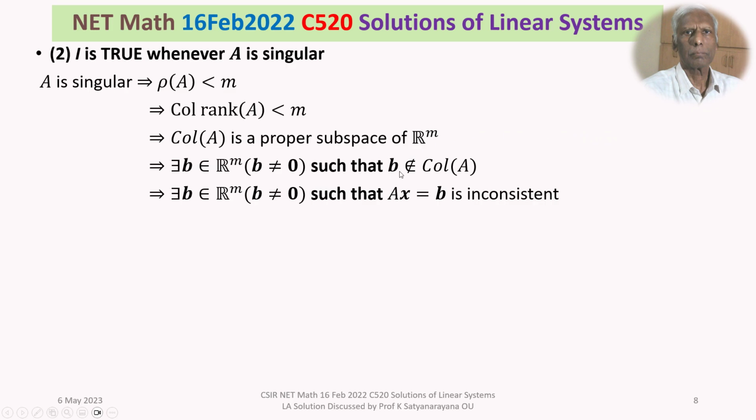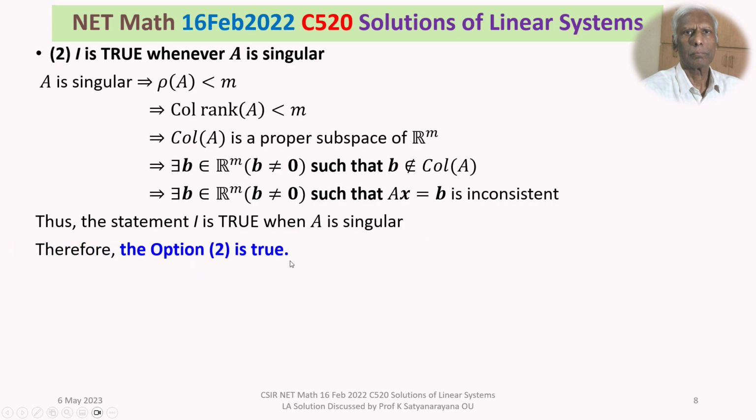Now, B does not belong to column space of A will imply Ax is equal to B is inconsistent. Inconsistent. That means it has no solution. That means the statement 1 is true when the matrix A is singular. So, thus, the option 2 is true. Move to the next option.